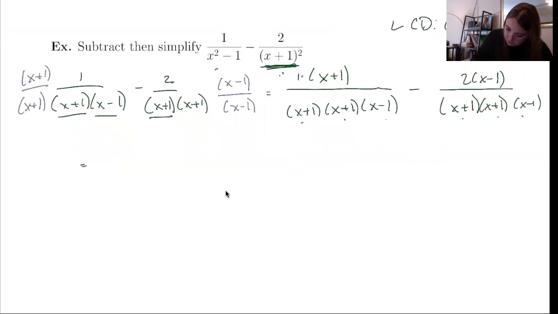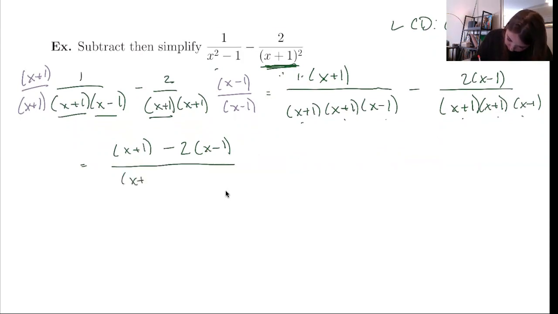So good to go. Now I'm going to do x plus 1, and this is where the subtraction comes in, minus 2 times x minus 1. So that minus gets pushed up to the numerator when we pull those two fractions together, over x plus 1, x plus 1, x minus 1.